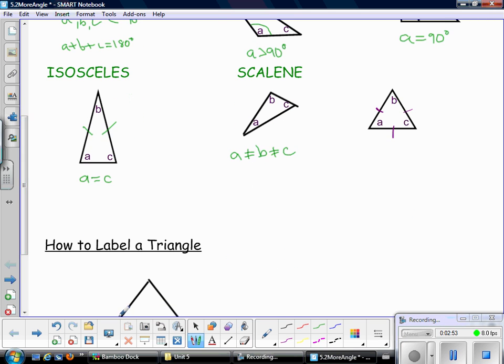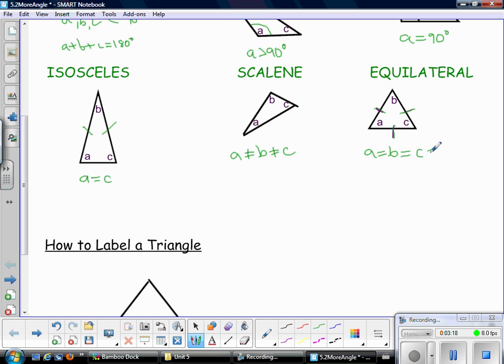In the last triangle, you can see I have these little dashes, which tells me that all sides are equal. So you should know what kind of triangle that is. That is called an equilateral triangle. What it means is all the side lengths are equal, as well as all the angles are equal, and all the angles equal 60 degrees.